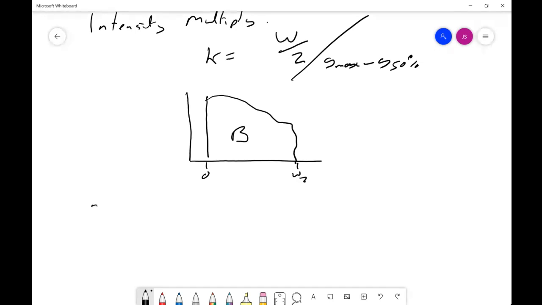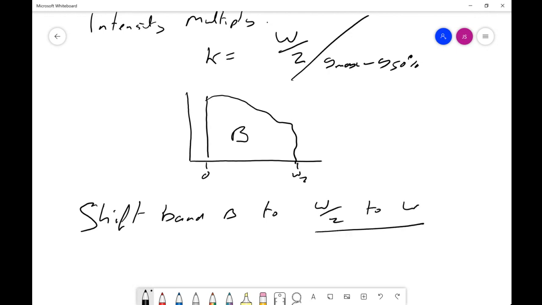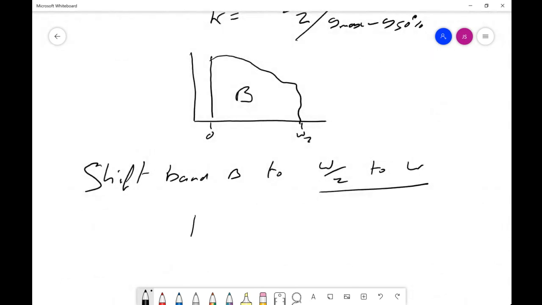So the next step is now shift band B to W over 2 to W range. And the constant shift, K, is plus W over 2.